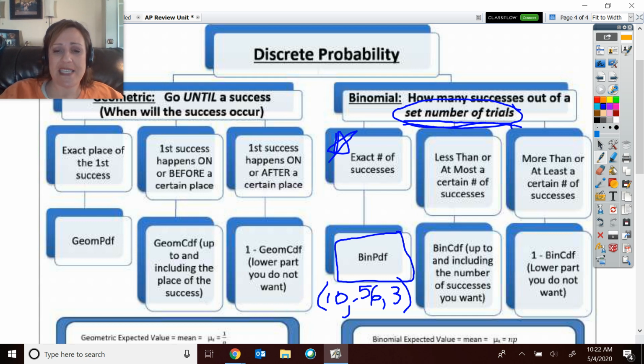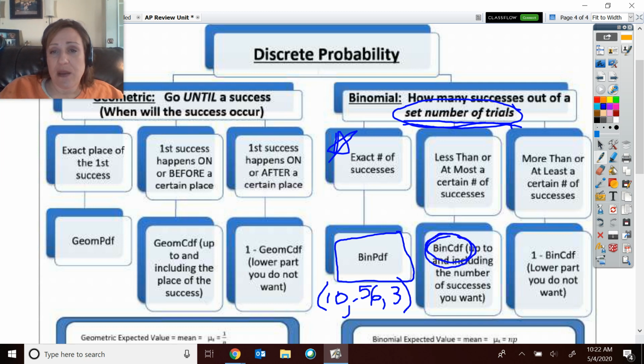Okay, you do binomial PDF of that right there. Now, what happens if you want less than 3 or at most 3? Then you want to accumulate that bottom section. Okay, so it would look like this here.